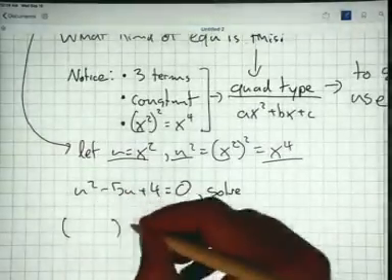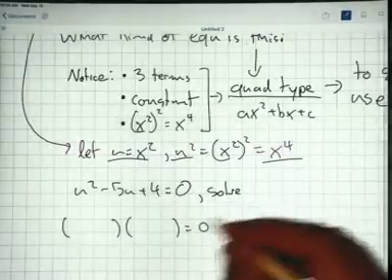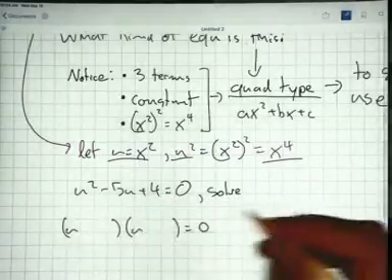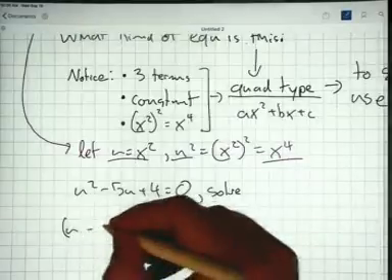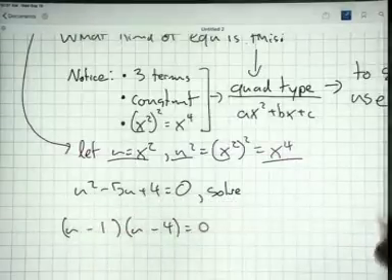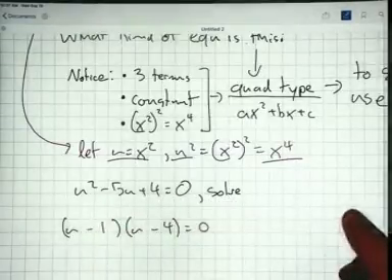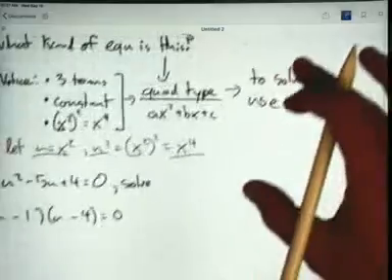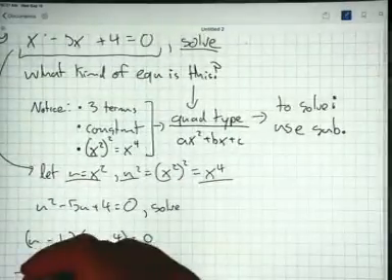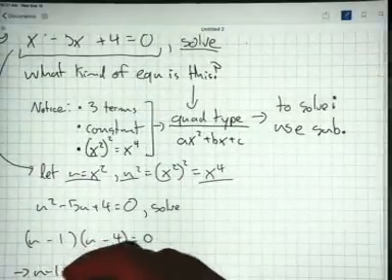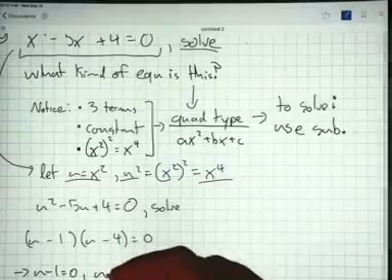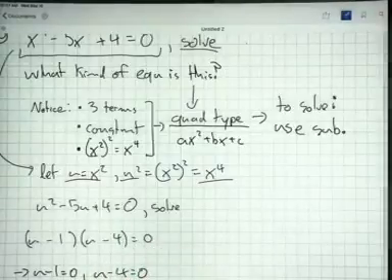Well, I would probably factor it. Which then means that u minus 1 is equal to 0, u minus 4 is equal to 0.